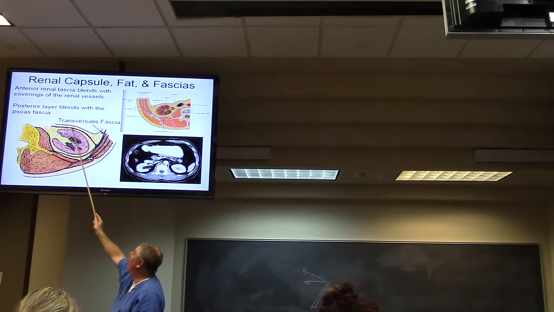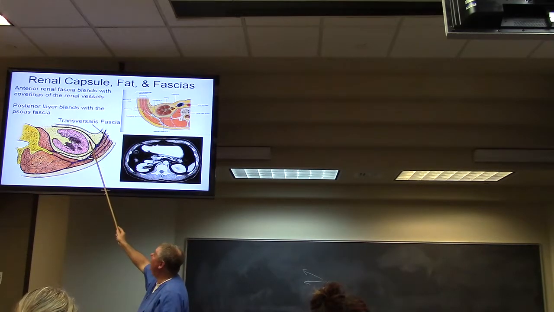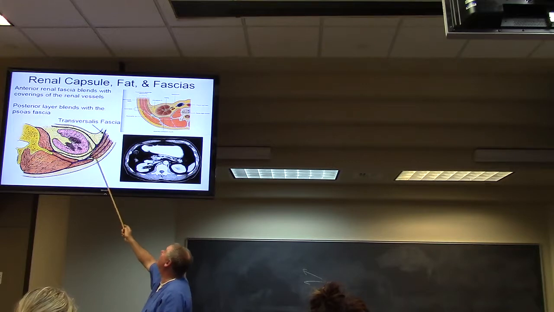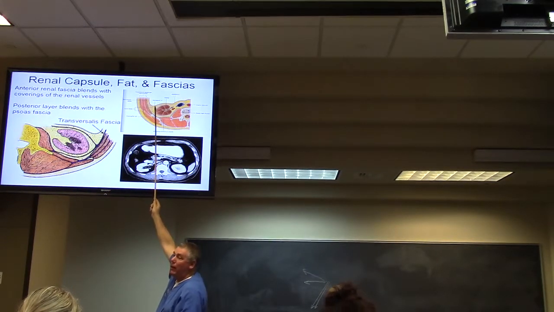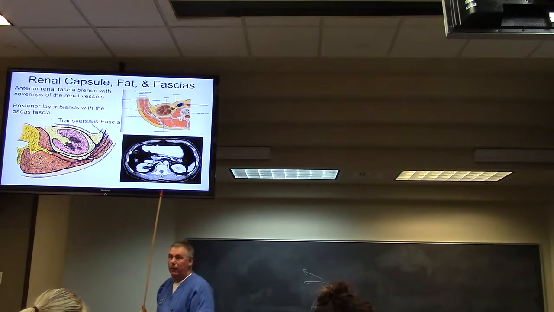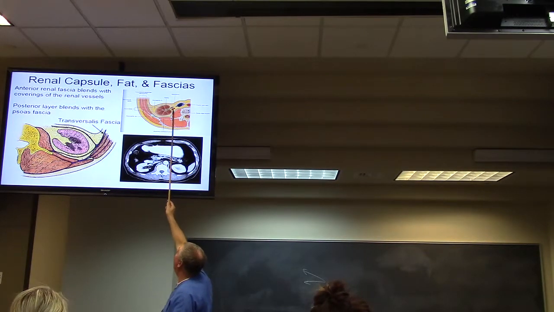It's a tight fascial plane that has fat on the inside and fat on the outside. These fat layers are called peri and paranephric fat.